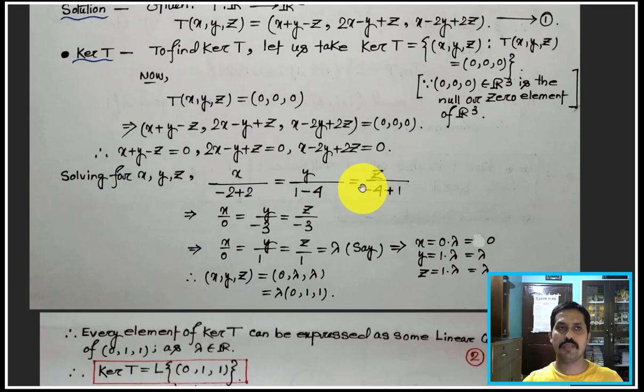The definition of image was: the elements of the codomain set will form the image set of T if they have pre-images in the domain set V. Okay, that means those elements of W which have preimages in V will form a subset of W. That subset of W is known as the image of T.